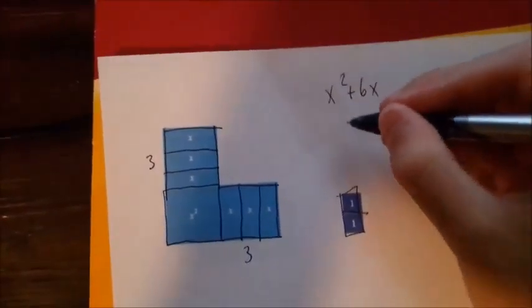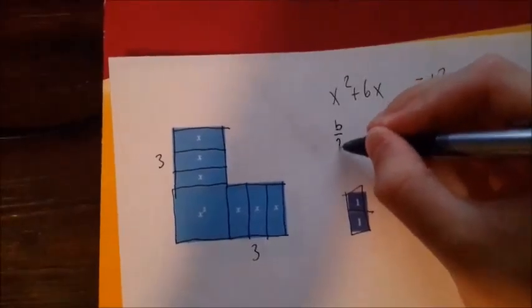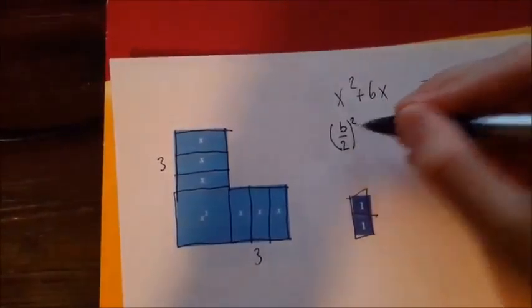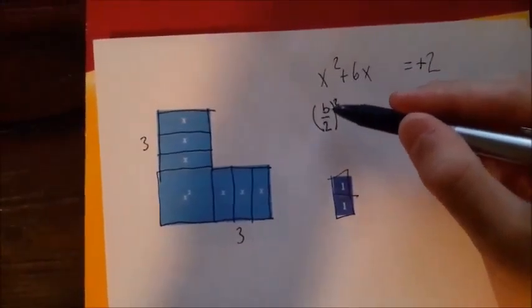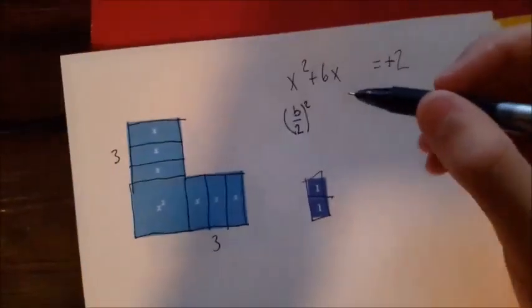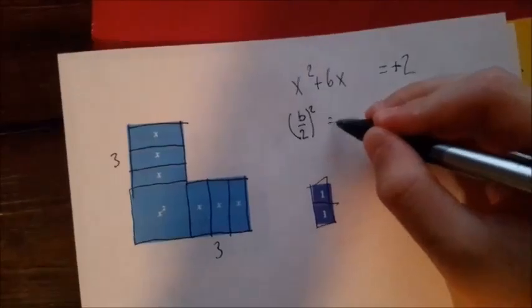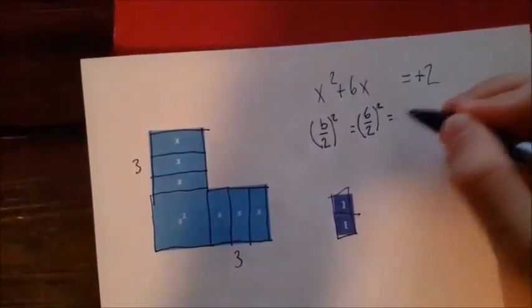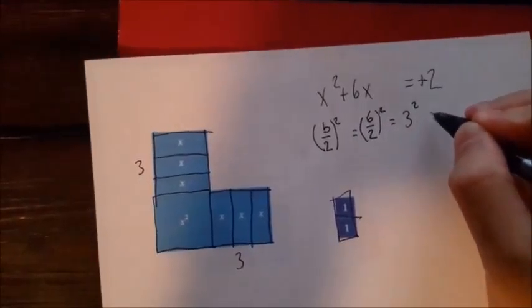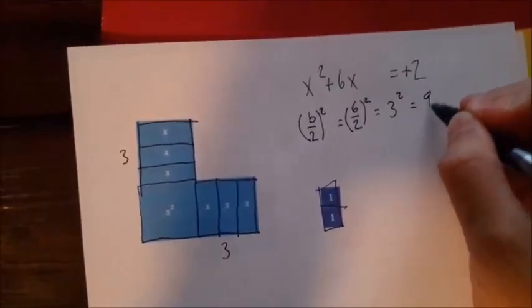If we use the formula of b over 2 squared, we know that we can take our 6 and plug that in to our b term. Thus we get 6 over 2 squared, which equals 3 squared, which is equal to 9.